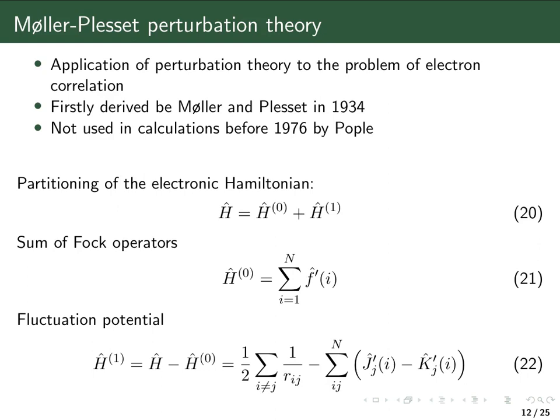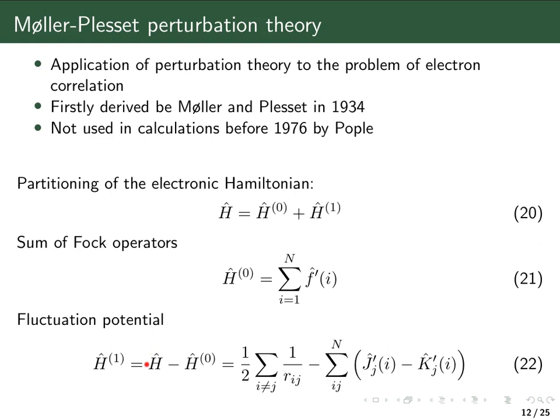The core Hamiltonian in the full Hamiltonian and the Hartree-Fock Hamiltonian is the same. Therefore, taking the difference, it disappears. So what is left is the difference in the operators describing the electron-electron repulsion.